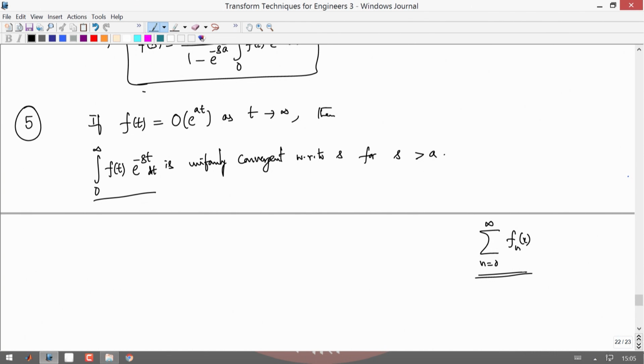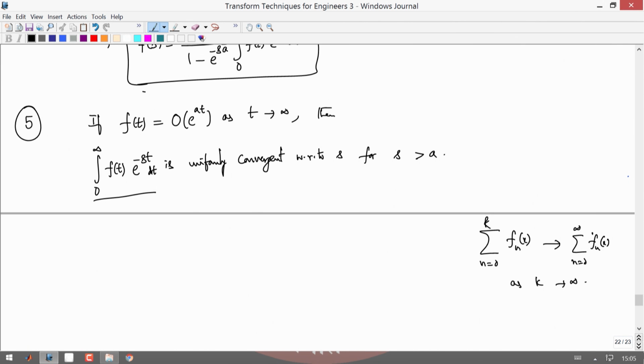This is also a kind of sum, and this converges to the series, n from 0 to infinity f n of x, as k goes to infinity.